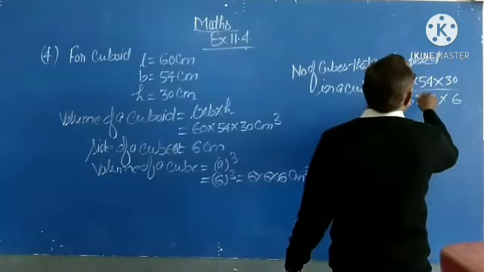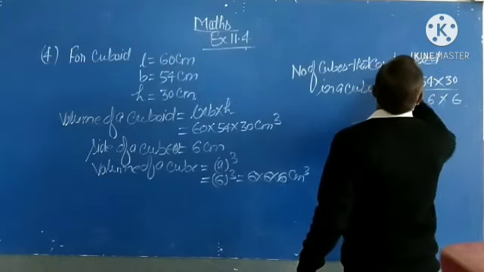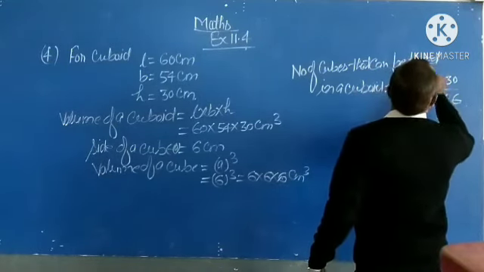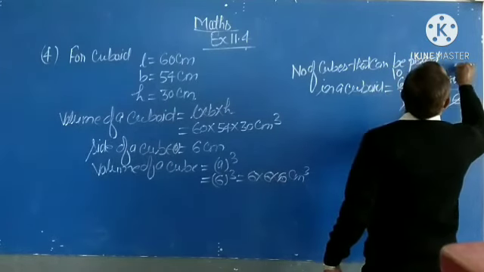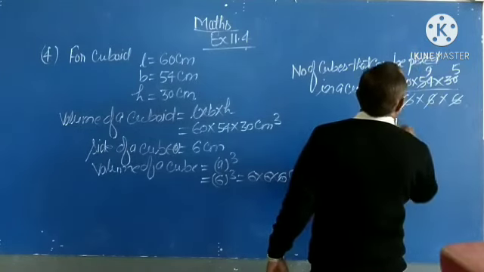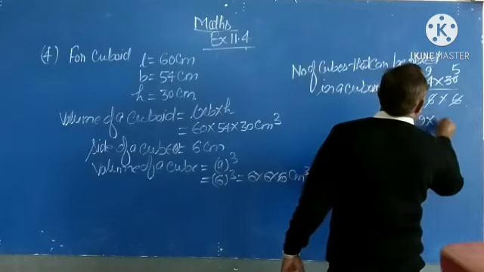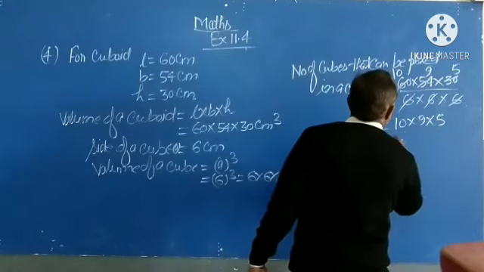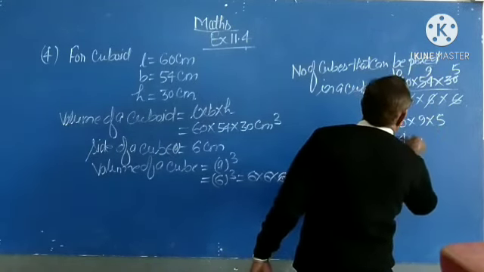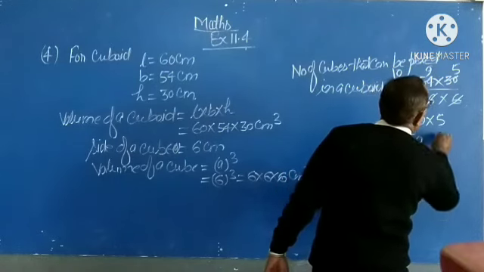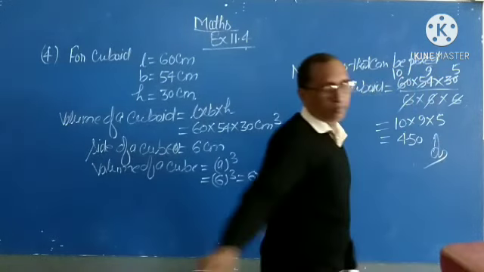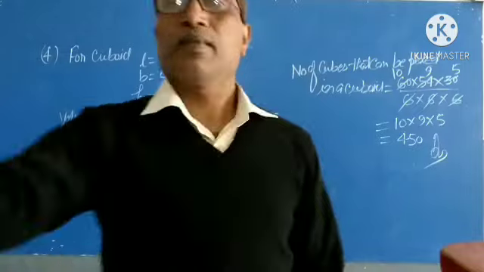Here calculation is easy. 6 10s, and 6 9s, and 6 5s. You get 10 into 9 into 5, that is 9 5s are 45 into 10, 450. It is your answer, number of cubes.